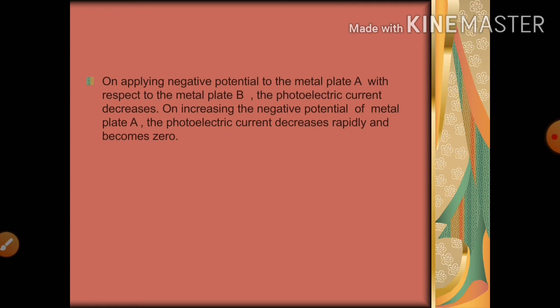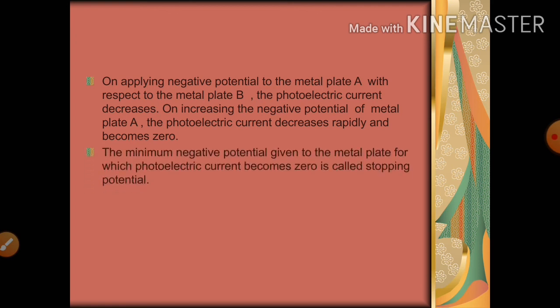Now, on applying a negative potential to metal plate A with respect to metal plate B, the photoelectric current decreases. On increasing the negative potential of metal plate A, the photoelectric current decreases rapidly and becomes zero.